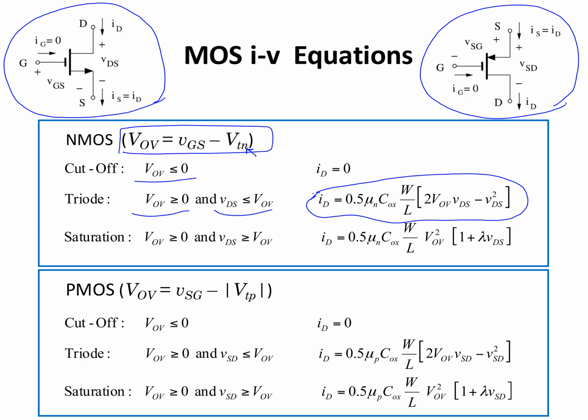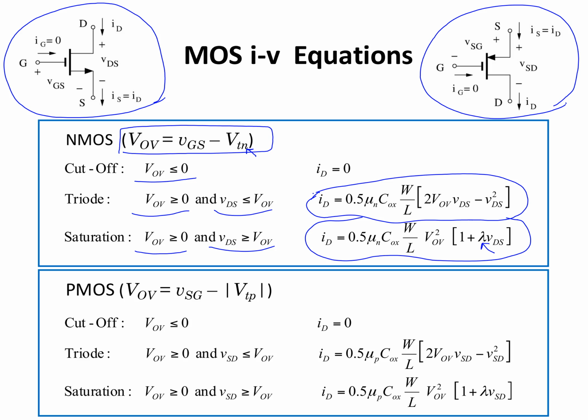When it is in saturation, V overdrive is greater than 0, also drain to source voltage is greater than V overdrive. And here's the equation that we're going to use to solve the MOSFET in the saturation region or find ID. This lambda term is the channel length modulation factor.